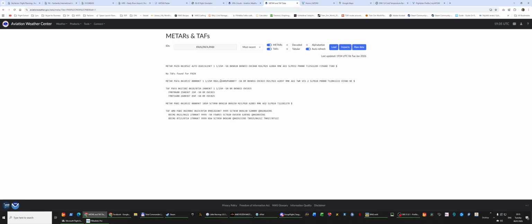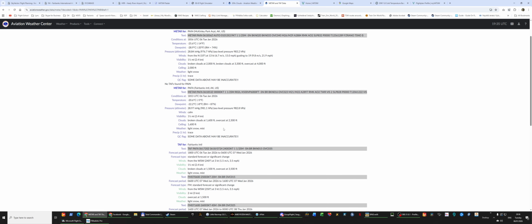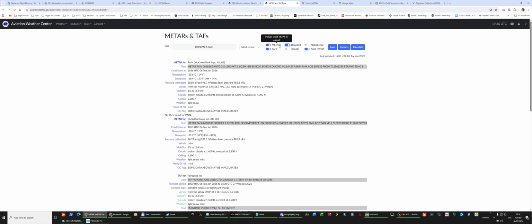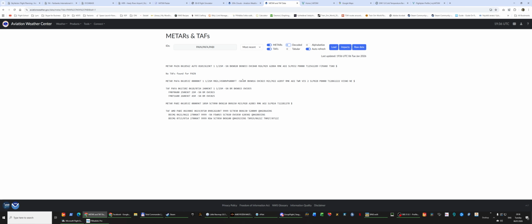If I decode it, does it do anything for me? METAR for PAFA visibility. Yeah, it actually doesn't decode this one. Doesn't matter though. Broken layer at 1600, overcast to 2300, and minus 21 degrees Celsius.